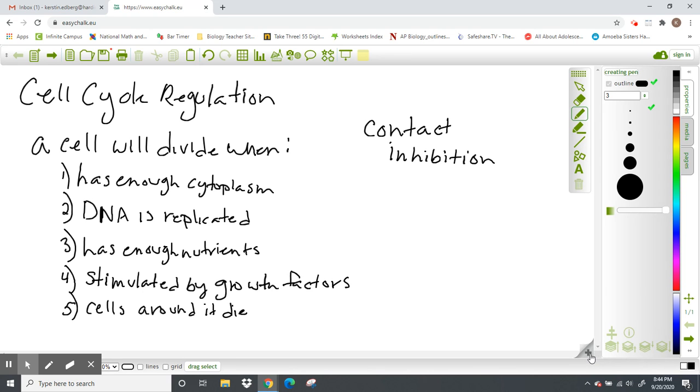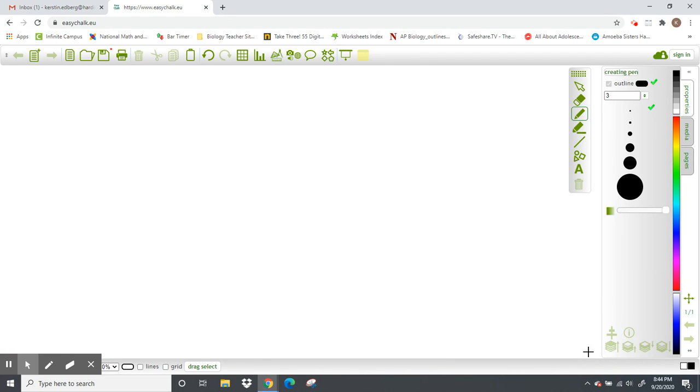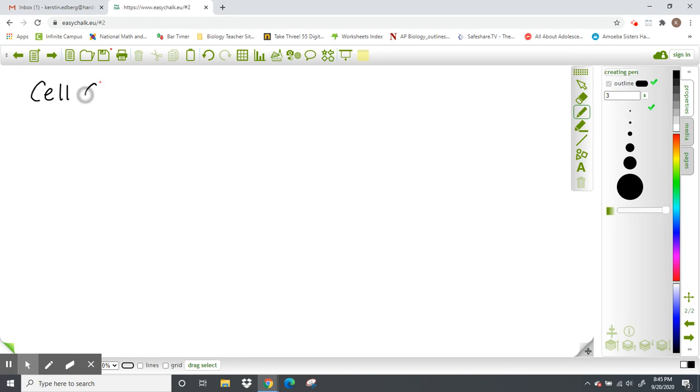All right, let me go to the next slide here. Now, what we do know is that the cell cycle is regulated at checkpoints. Hopefully, from reading a little earlier, I think in 4.3, you know about the cell cycle itself.